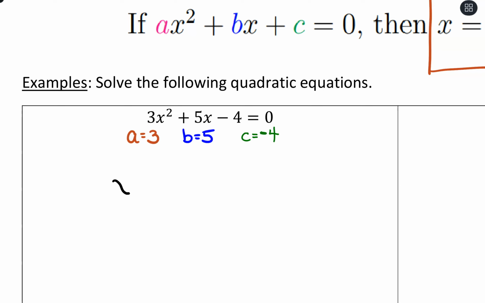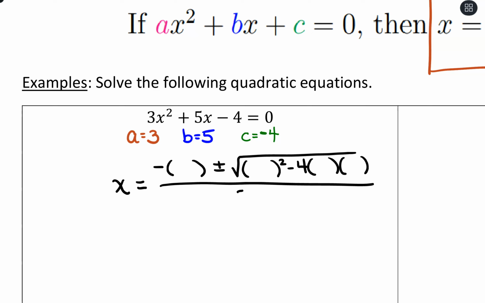And what we're doing is we're solving for x, fitting this: negative b plus or minus root b squared minus 4 times a times c, all over 2 times a.